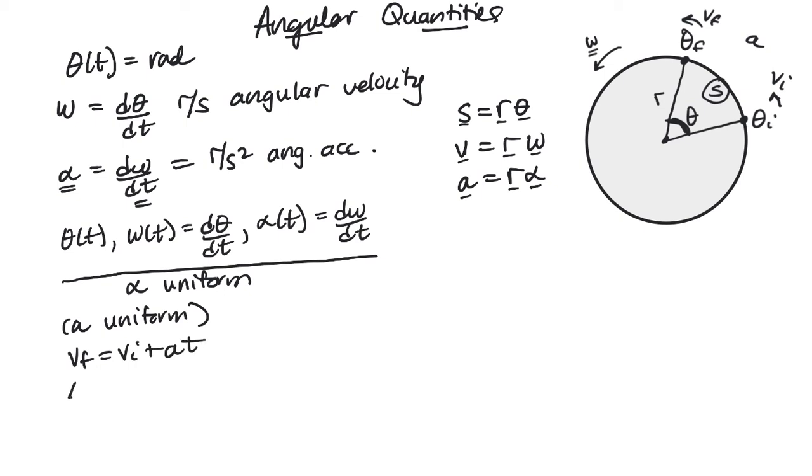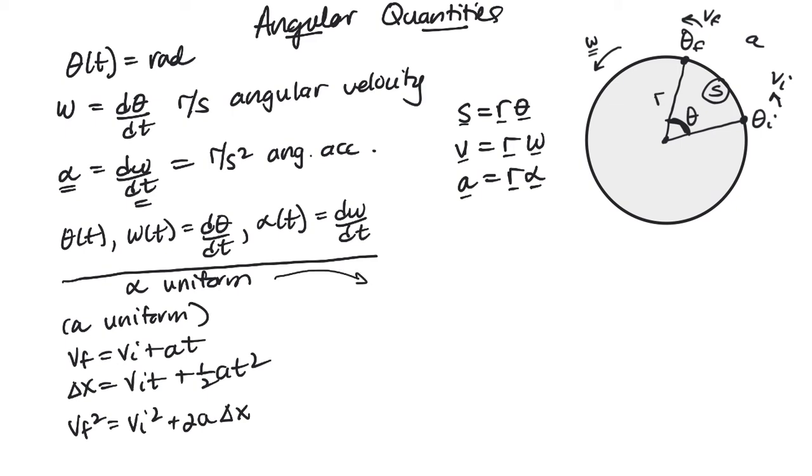We had delta X equals V initial T plus 1/2 AT squared. And we had V final squared equals V initial squared plus 2A delta X. Now, if my alpha is uniform, all I need to do is replace all of my delta X's, which is like S, with r theta.